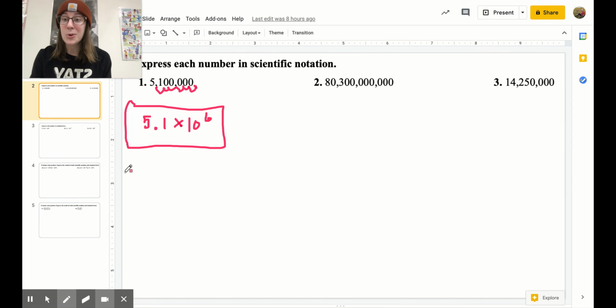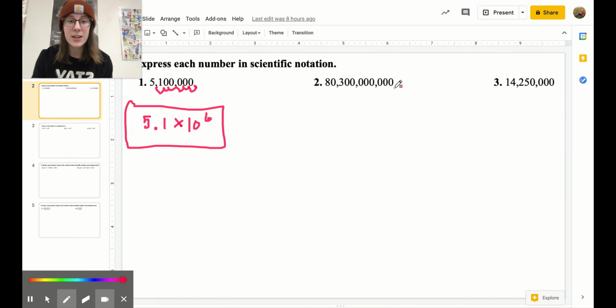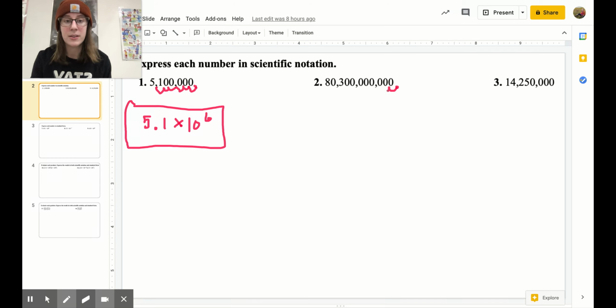I'm going to do one more and then you'll try one. So here, again, if there's no decimal, it's right at the end. Any whole number has a decimal at the end of it. So we count 1, 2, 3, 4. Hopefully you're following along with your paper. 5, 6, 7, 8, 9, 10. Again, we want one number in front of the decimal.